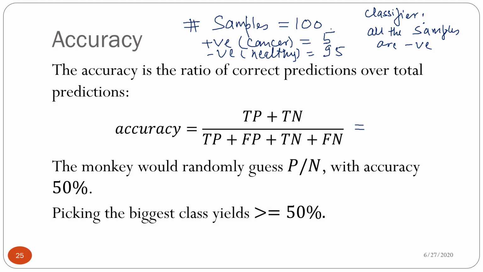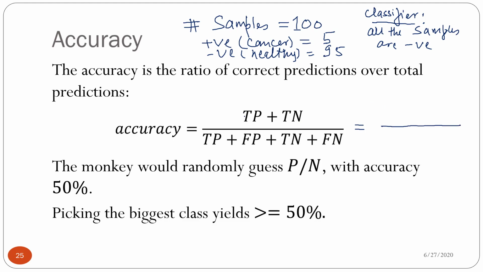Okay, so we are evaluating the performance on these 100 samples, and of those 100 samples, the positive are 5 and negative are 95. Alright, so let's see what will happen. The classifier is very simple, which is saying that everyone is healthy. So what will happen here?